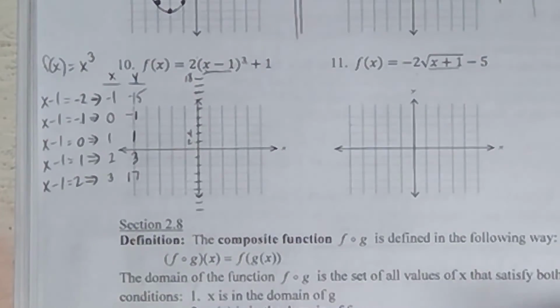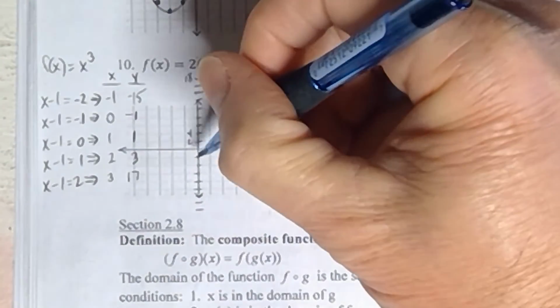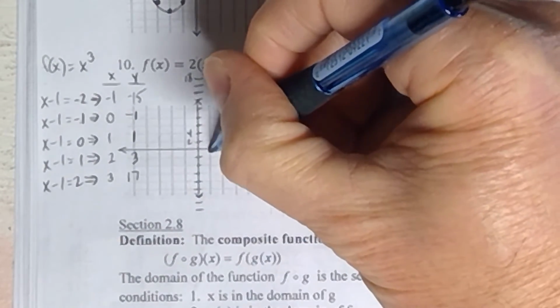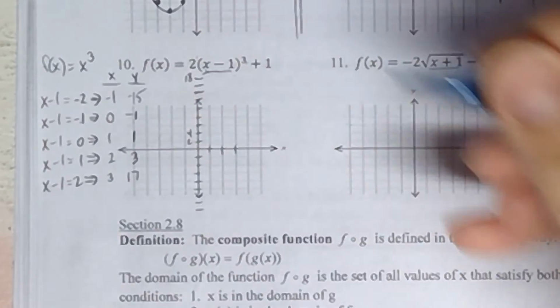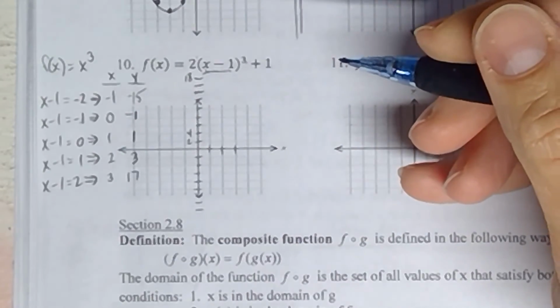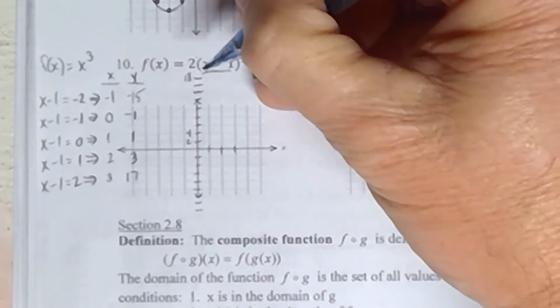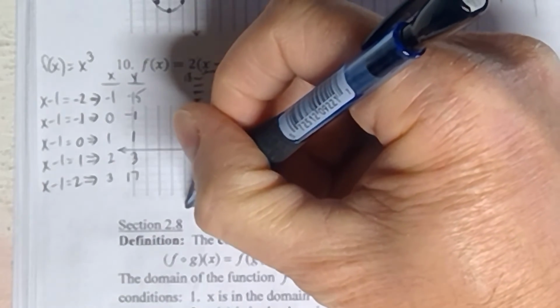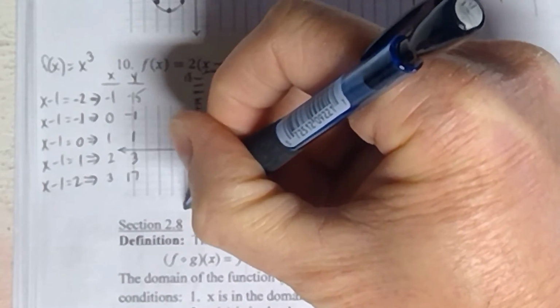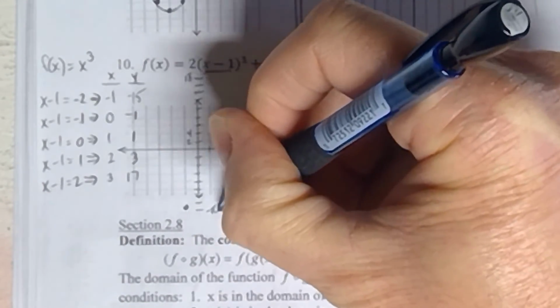So let me start plotting these. The x-axis will still stay on the normal 1, 2, 3 scale here. Negative 1, negative 15 is where? That is right there. As I said, this is negative 16 right here.